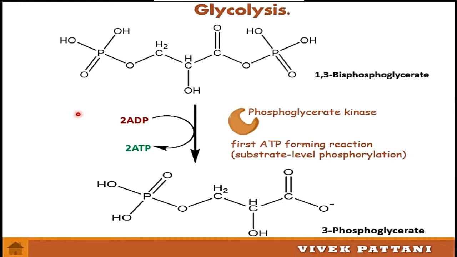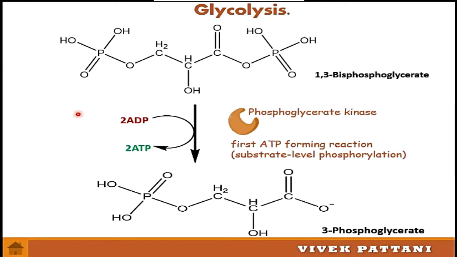Here one phosphate molecule from the 1,3-biphosphoglycerate gets cleaved and joins ADP. To be specific, as two molecules of 1,3-biphosphoglycerate are formed, two ATPs will be formed from two molecules of ADP.